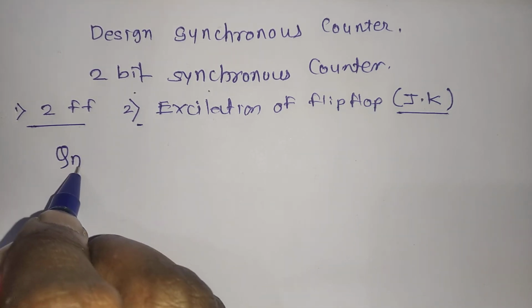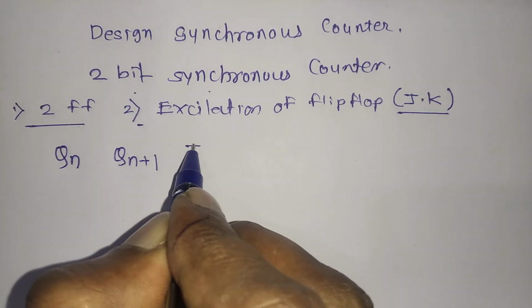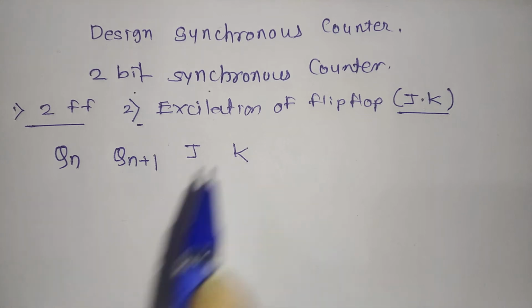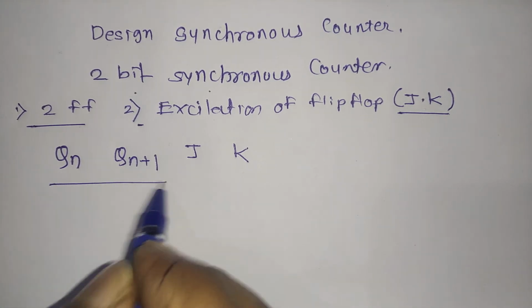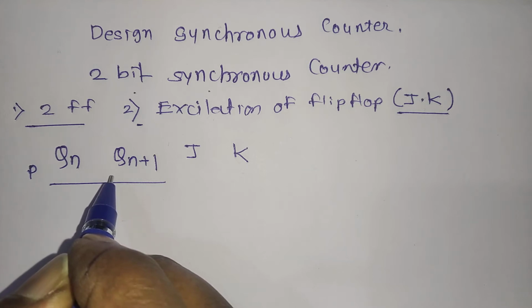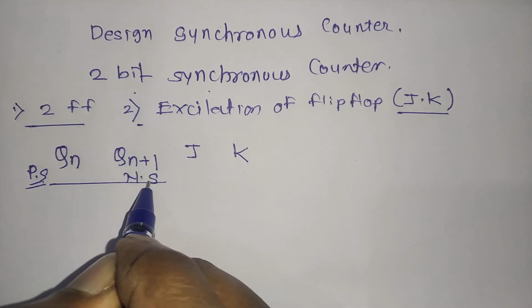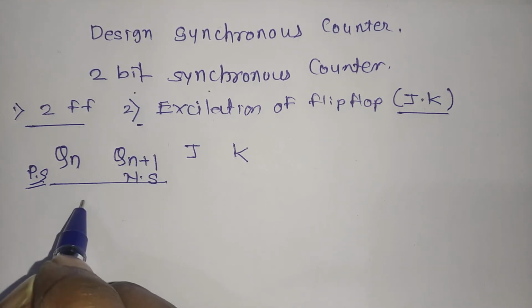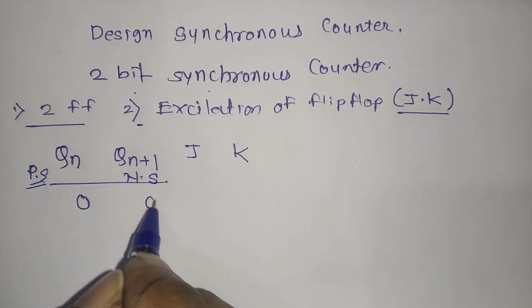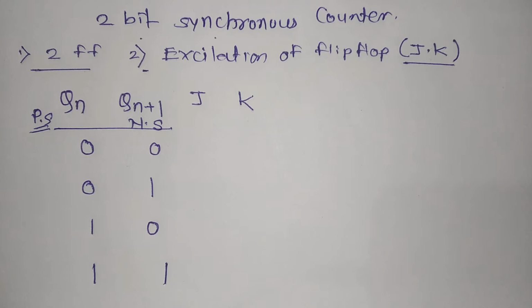There is a present state Qn, next state Qn plus 1, and J and K. So, if there are 2 variables, which have 4 possible combinations, this is a present state and this is a next state. So, there are 4 possible combinations: 0 0, 0 1, 1 0 and 1 1.